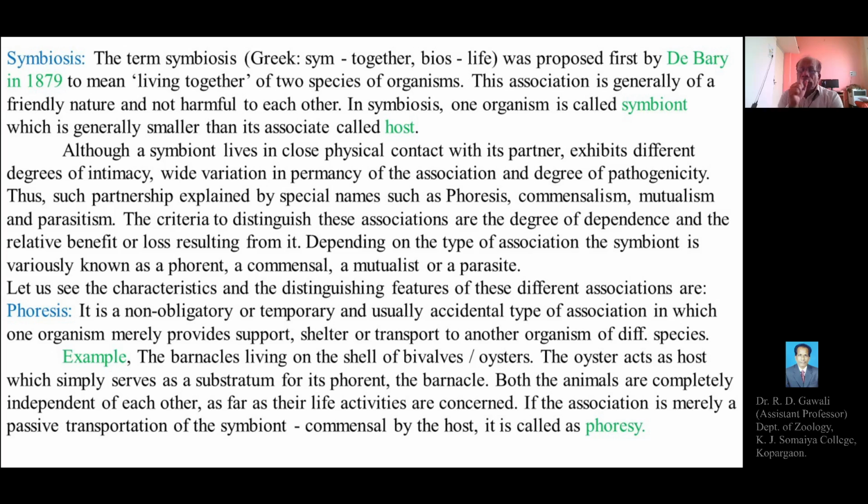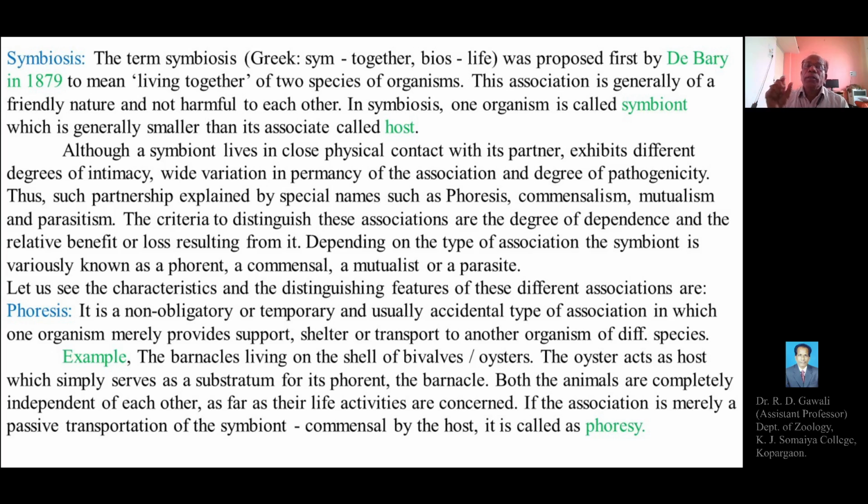These are the different types of animal associations in relation to symbiosis. Considering the degree of intimacy, the variation in permanency of the association, and the degree of pathogenicity, such relationships can be explained by these special names.